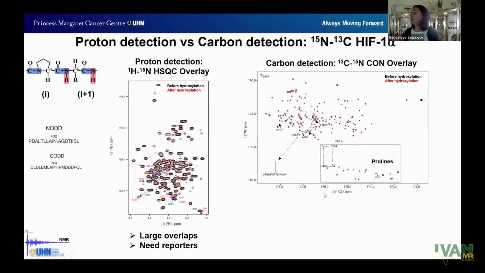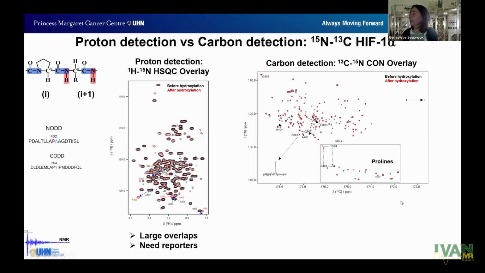In this dimension you've got the carbonyl, and in the other dimension, you can observe the nitrogen. The black spectrum is before hydroxylation, and in red is after hydroxylation. Again, you can see the peak shifting for the reporters that we could already see in the HSQC. But much, much better than that.